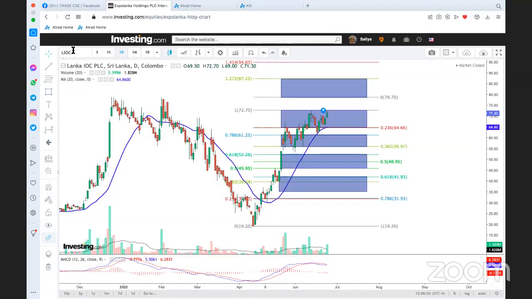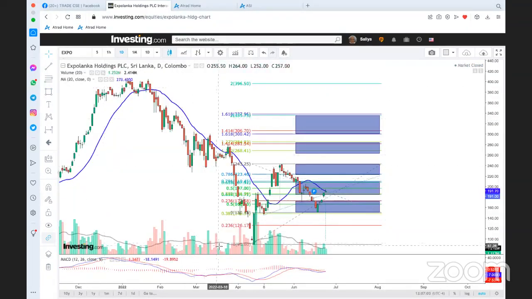Right, going back to Expo Lanka, as I mentioned, Expo Lanka's formation is different, right? From here, you can see there was a cross below the signal line, the MACD, and here yesterday went up, cross above.